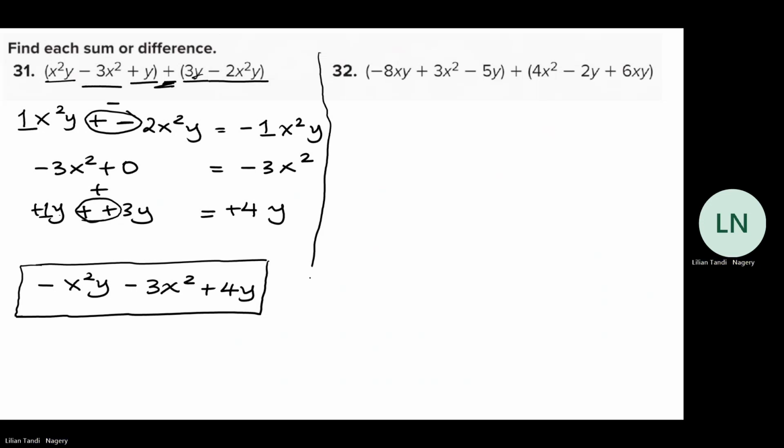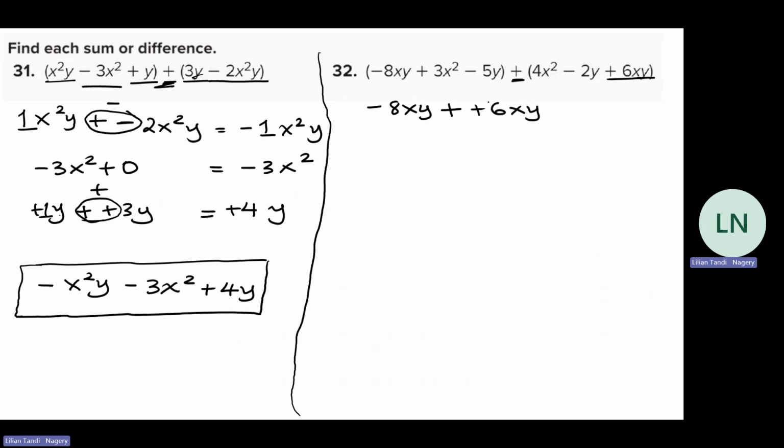Okay. Now we do here, we are adding. This becomes negative 8xy plus positive 6xy.